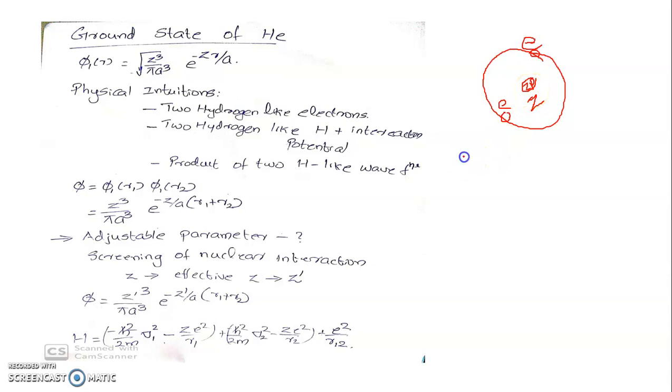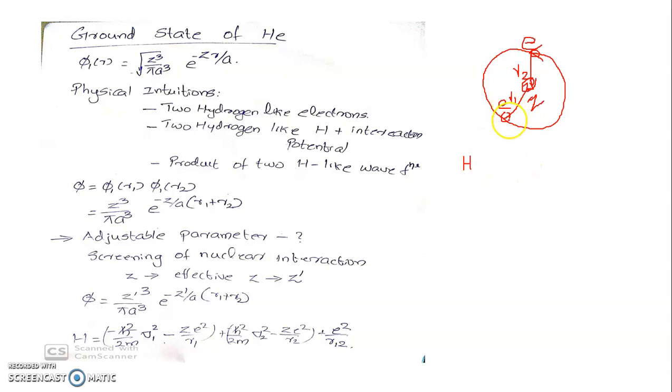So the Hamiltonian of the system may be written as the Hamiltonian of the first electron occupying a position vector, say, R1, plus the Hamiltonian of the second electron having a position vector, say, R2.